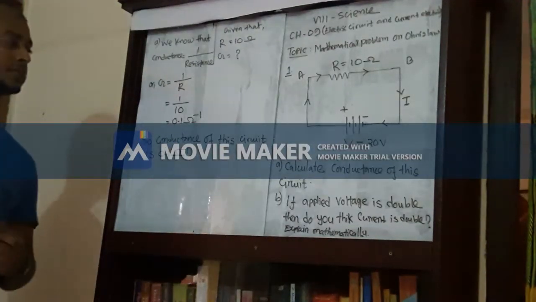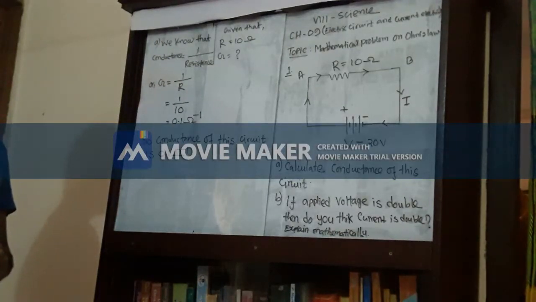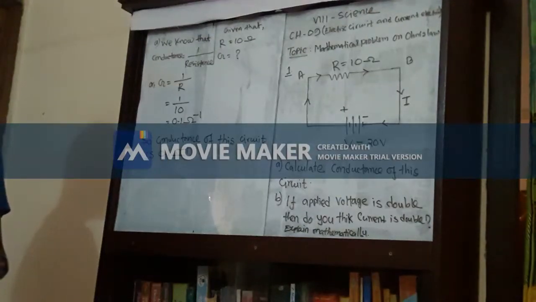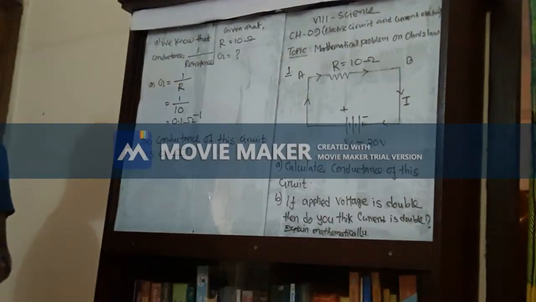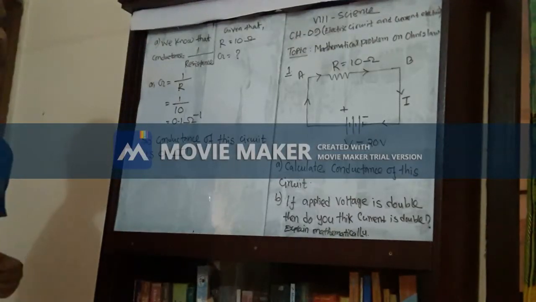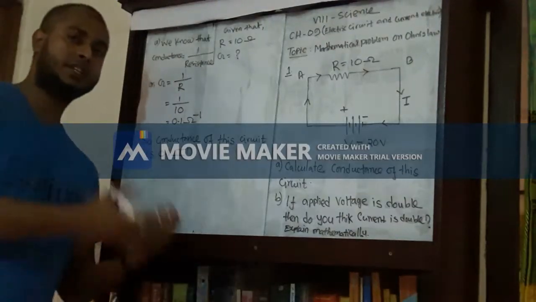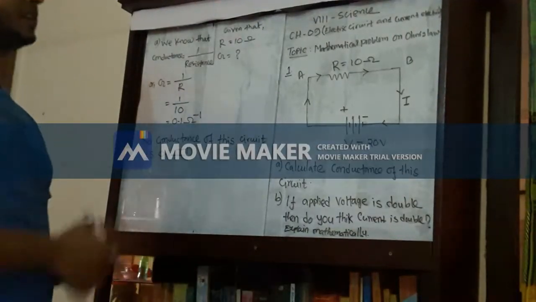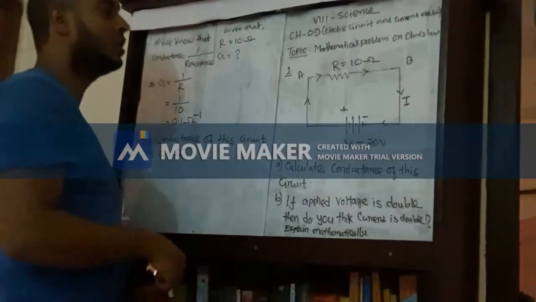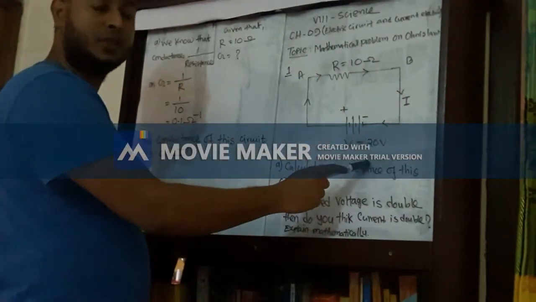Now, boys and girls, the next step, there is another question. If applied voltage is double, then do you think electric current is double? So we will find out this. At first, you need to know what amount of electric current flows through this circuit in the previous voltage.